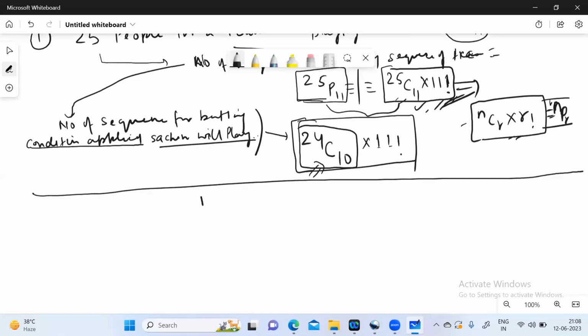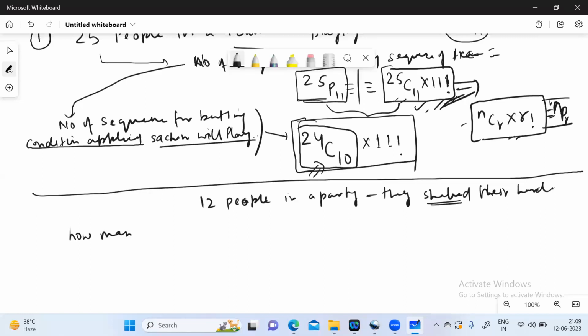There are 12 people in a party, and they shake hands with each other. So how many handshakes are there?